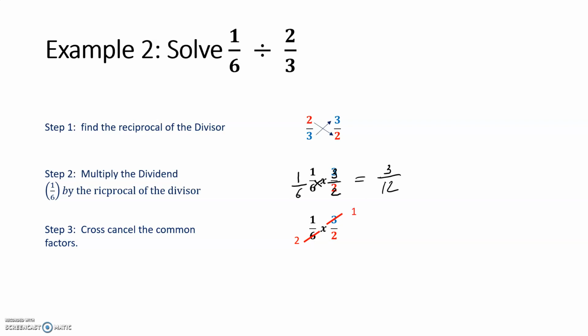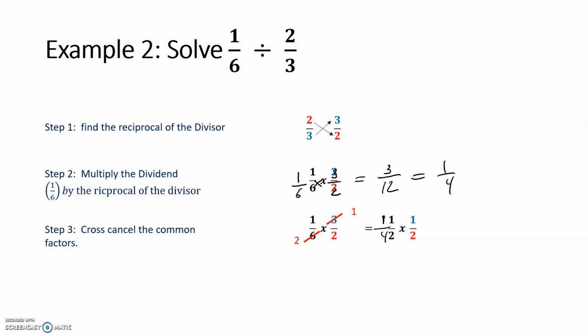And then I'm going to multiply, and then I get 1/4. Now, I didn't cross cancel up here, but what do you notice about 3/12 and 1/4? Well, 3/12 actually equals 1/4. Okay. So when you cross out, you're gonna have to do fewer steps at the end.